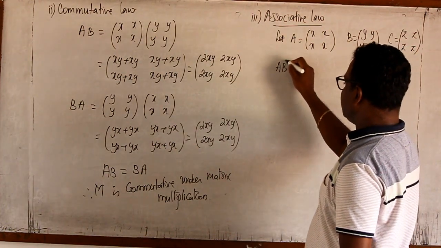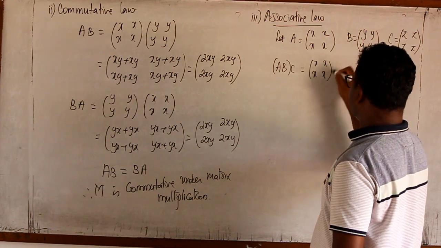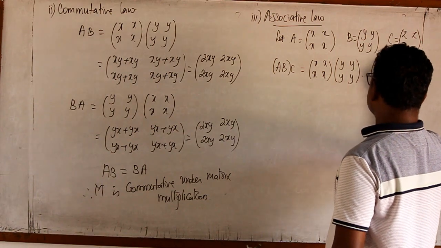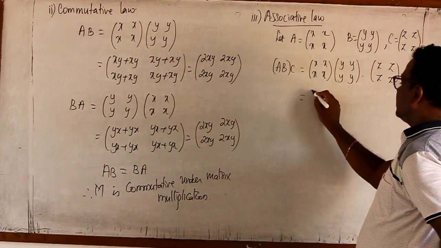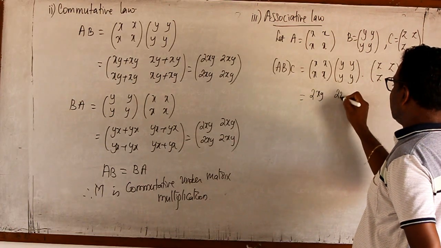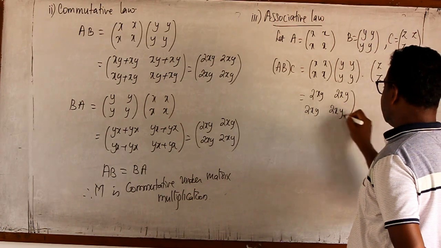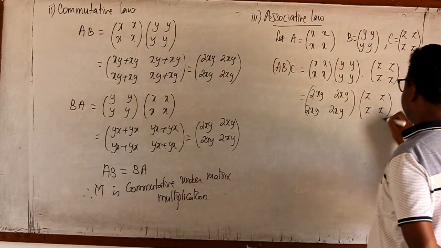Now, AB into C: [x x; x x] into [y y; y y] gives 2xy, 2xy, 2xy, 2xy, into [z z; z z].